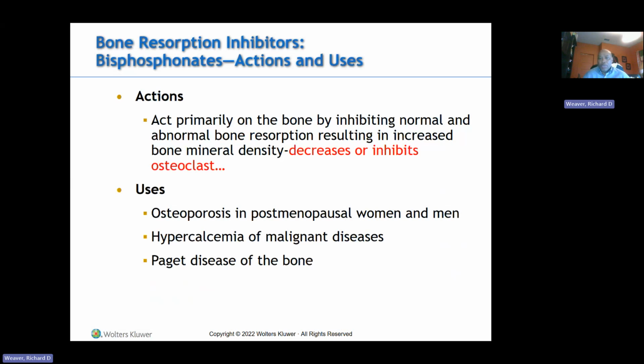And just for your information, bone resorption is like a cleanup crew for the bones. Osteoclasts are the cells that break down old or damaged bones, and they release important minerals like calcium back into the body where they can be used elsewhere, because other parts of the body use calcium as well.